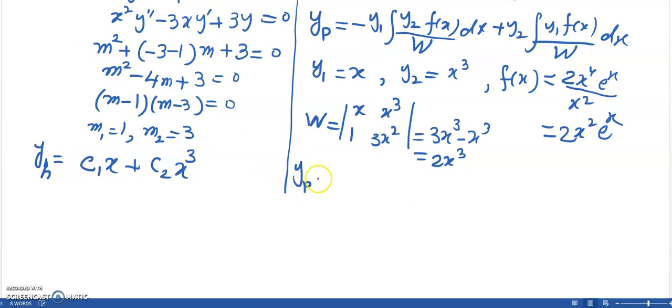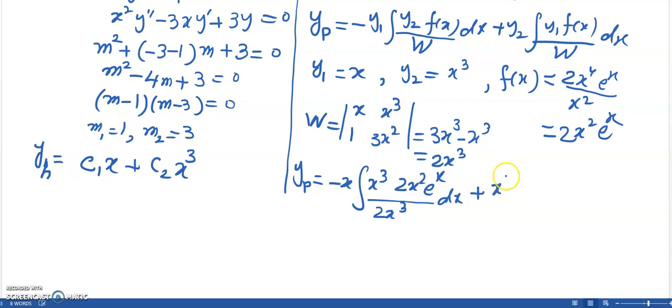So yp will be minus y1, minus x, integral x cubed times f of x, which is 2x squared e to the power x, divided by 2x cubed, dx, and plus x cubed, integral x, times 2x squared e to the power x over 2x cubed, dx.